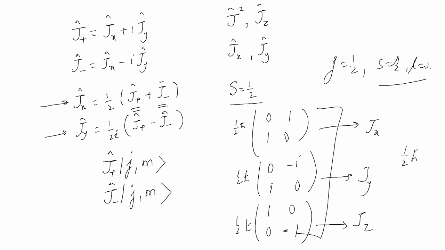For example, all the time we say that spin projection is plus half and spin projection is minus half. How does the eigenvalue plus half h cross and minus half h cross come?